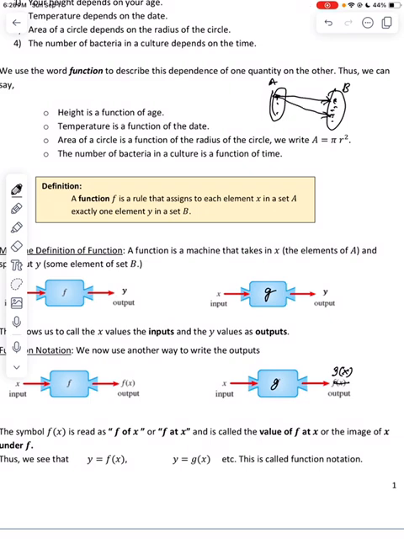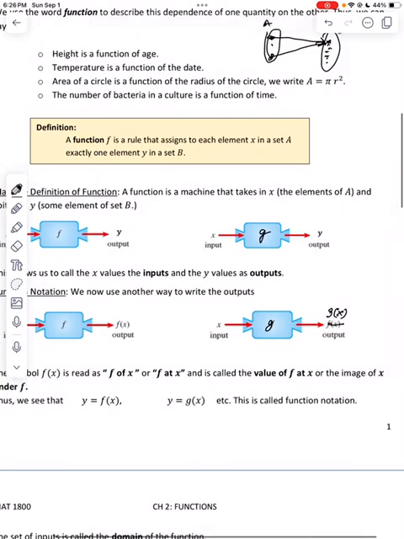That cannot happen in a function, because this quantity must be connected to only one quantity in B. But this can happen: you can have an element in A connected with a quantity up there, and some other element in A could also be connected to that same one. That is okay, but you cannot have 2 arrows coming out from the beginning. That's what we say.